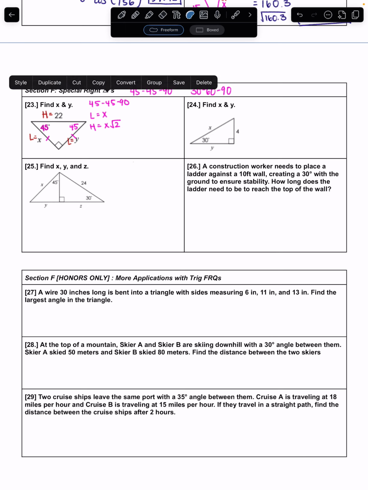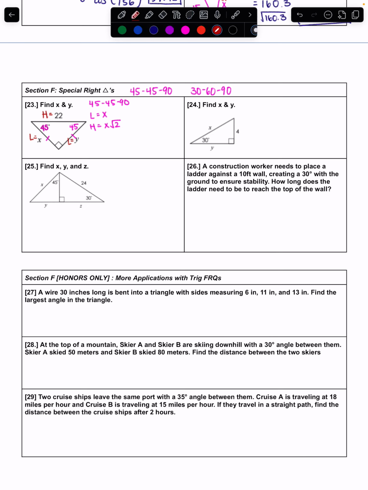So let's go ahead and plug in what we know. Our hypotenuse is 22, and we don't necessarily know what x or y is. In order to find x, we just need to isolate it using what is already given to us, which is only 22.